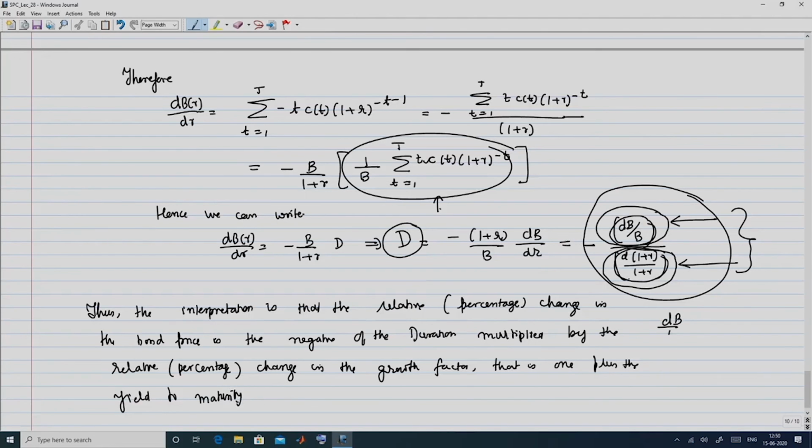So observe that dB over B is going to be minus D multiplied by d of (1 plus R) over (1 plus R).